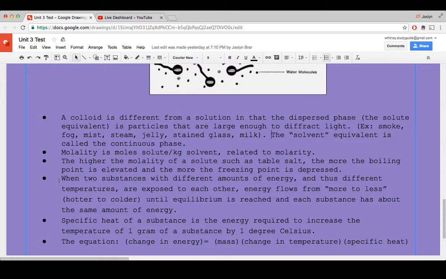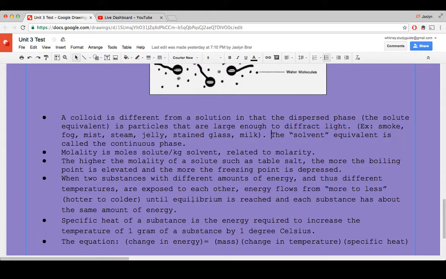This is actually a familiar concept from 8th grade. The energy will continue to flow from hot to cold until equilibrium is reached, and then each substance will have about the same amount of energy. So the hotter substance will become cooler and the cooler substance will become warmer.